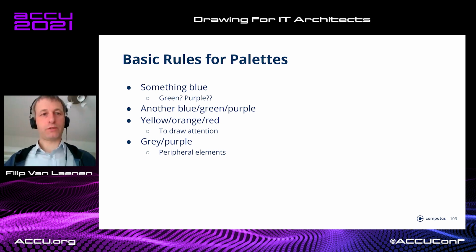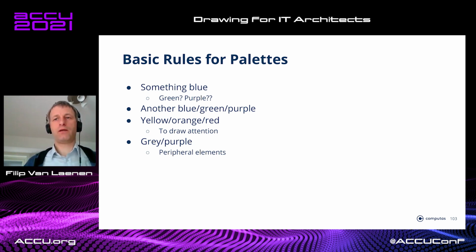But if you want some tips, the basic rule for IT drawings is that you're probably going to need something blue. Could be a dark green or a purple color. And you're probably going to need another blue, green, or purple to vary. For example, a light blue and a dark blue, or a dark blue and a dark green, because you sometimes need to be able to make a difference between two shapes without drawing attention to one of them.